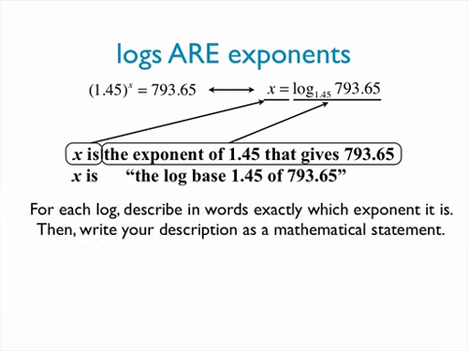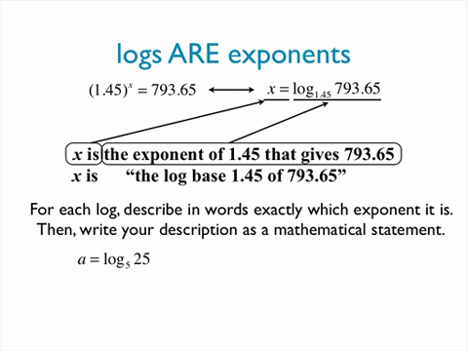Okay, so you're going to practice putting these words onto these logs and then using the words to rewrite it without a log. So the first thing you're going to do is use a phrase to say what exponent that is. If it's a log, it's an exponent. You're going to tell the person next to you, it's this exponent.